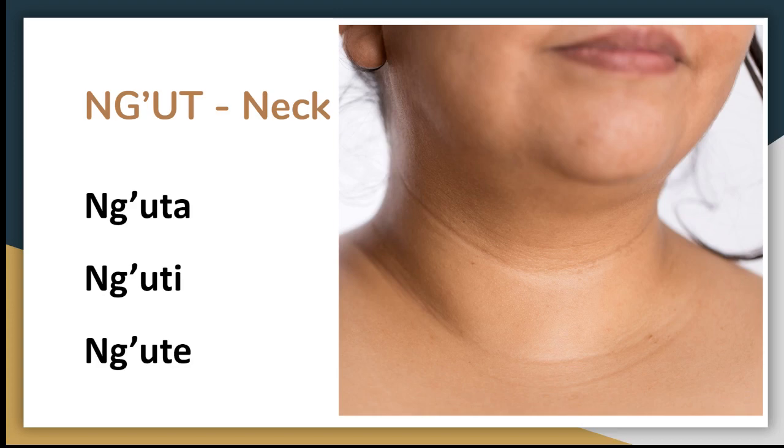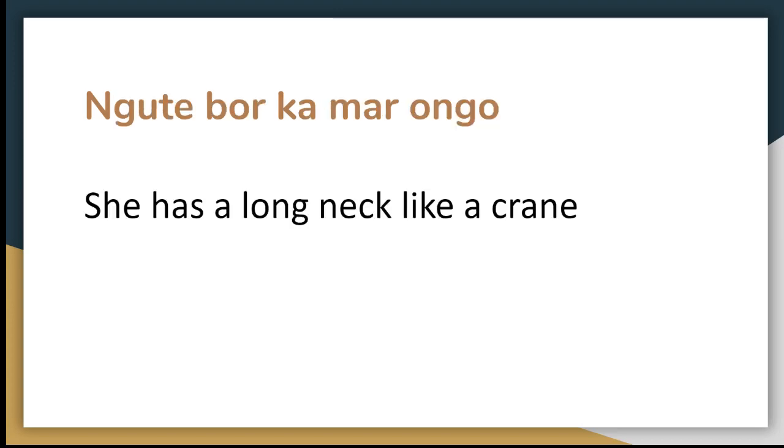Ngute. Ngute bor kamar ongo. So she has a long neck like a crane. I didn't put the apostrophe between G and U. It should be there.